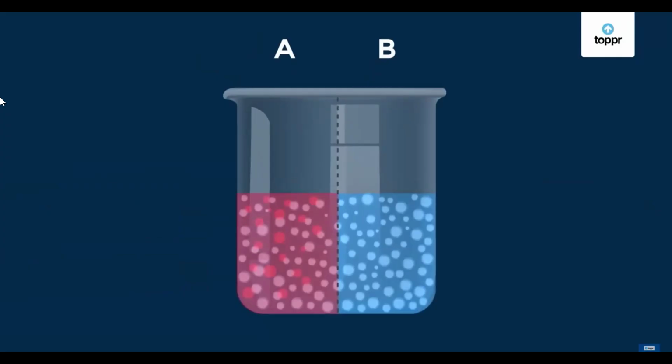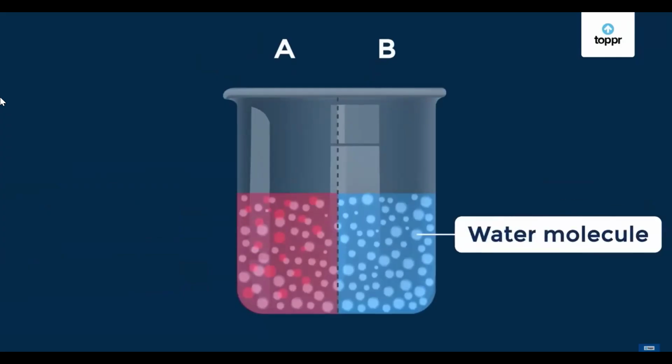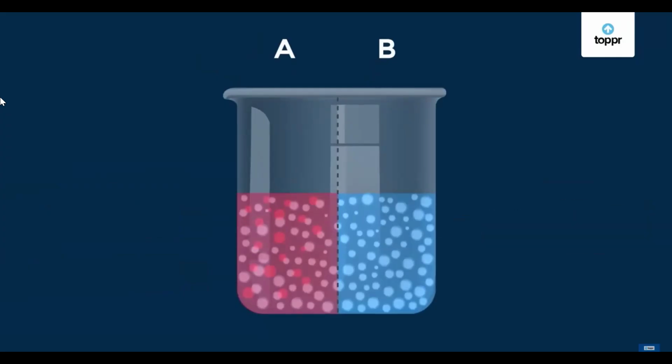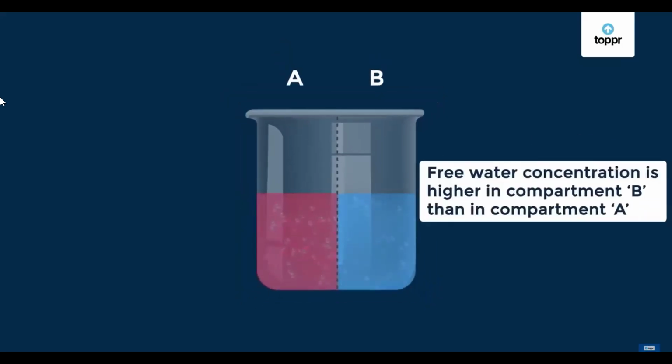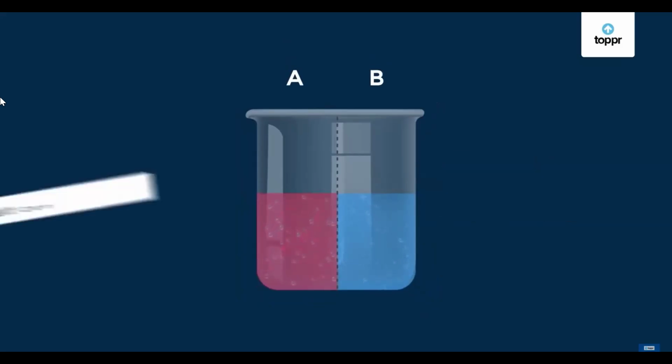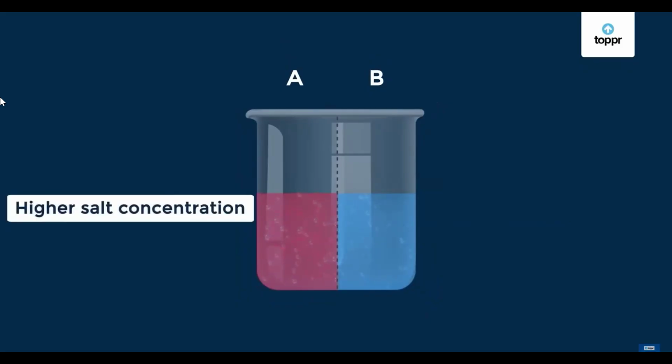Whereas in compartment B, all the water molecules are free as there is no salt added. So we can say that the free water concentration is higher in compartment B than in A. And we know that compartment A has more salt concentration than B.